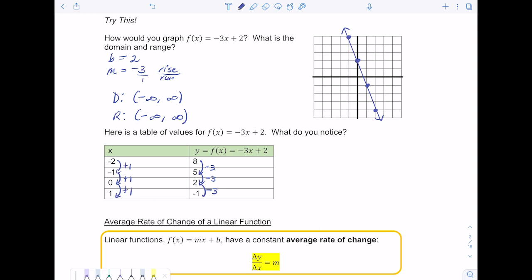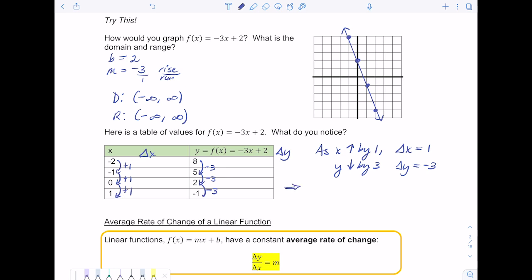So we would refer to this as your change in x and your change in y. As x increases by 1, y decreases by 3. So here we would say our change in x is positive 1, and our change in y is negative 3.